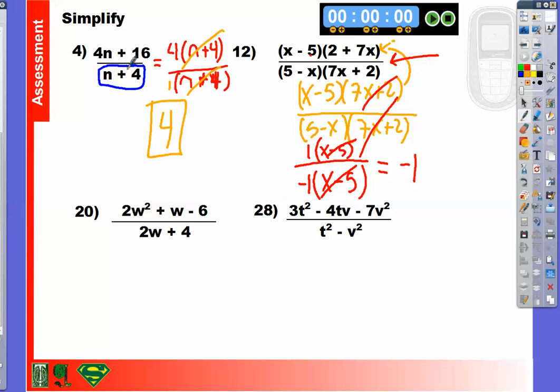Something plus 4 is 0. What's the something? So in this case, n cannot equal negative 4. In this case, x cannot equal 5. Or sorry, x, thank you. Or negative 2/7.